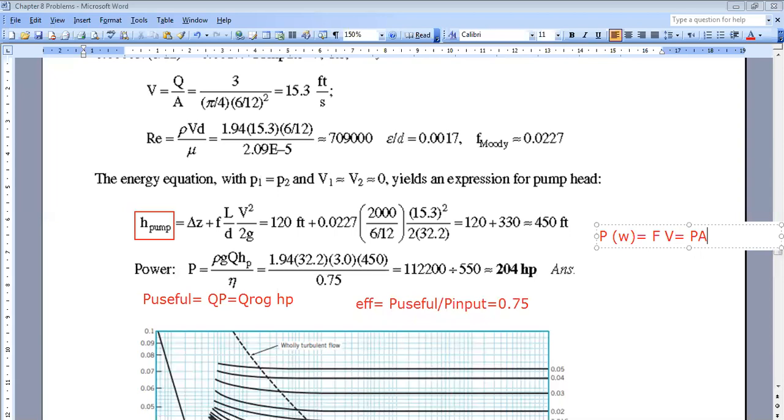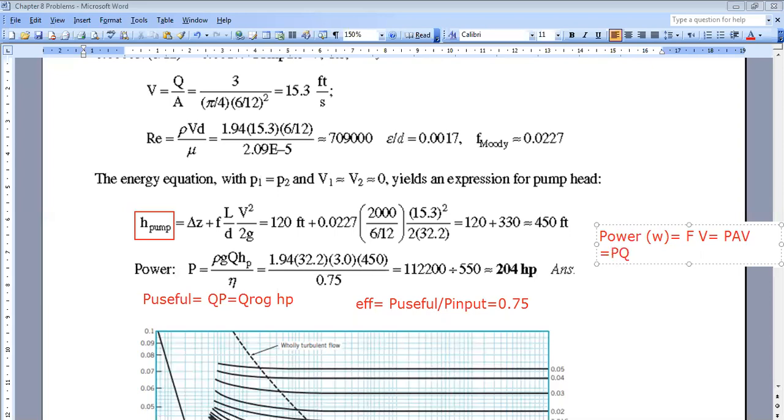So the unit of power is equivalent to pressure times area times velocity, and you can replace AV by Q. So the power as a unit is equivalent to the volumetric flow rate Q times a term having the same unit of pressure.